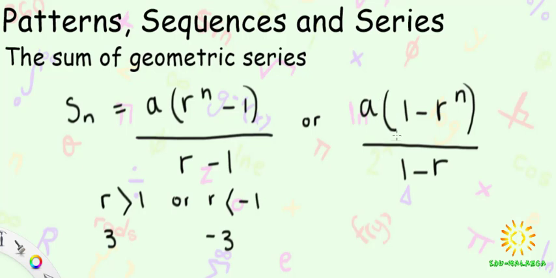Versus with this formula, if your r is a fraction, for example, 1 over 3, you will have 1 minus the fraction, and so this formula becomes easier to use. I hope you're understanding and following with me.